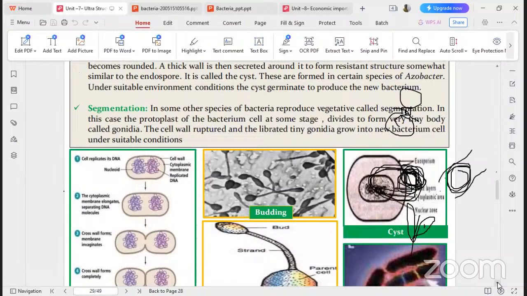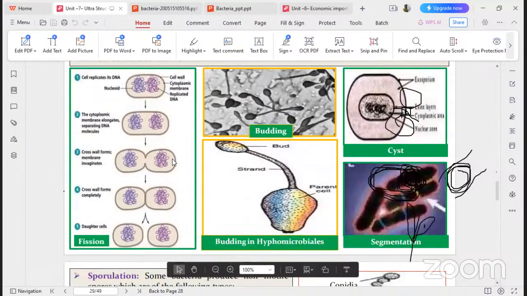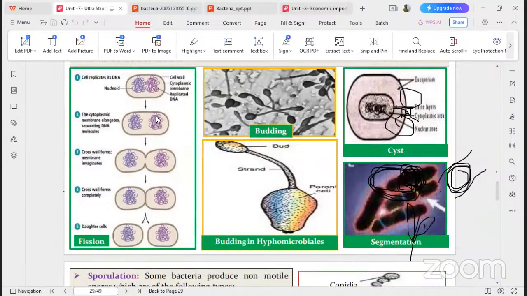You can see the binary fission, how it takes place: one bacterium divides into two. You can see the budding. You can see the cysts, how the bacterial cell is thick coated and cyst formation takes place inside.